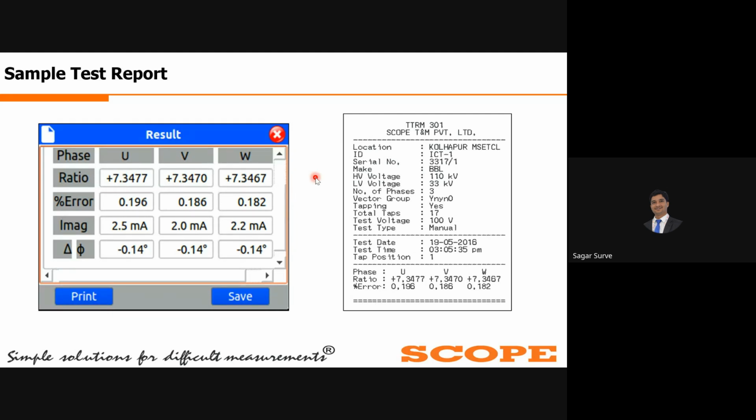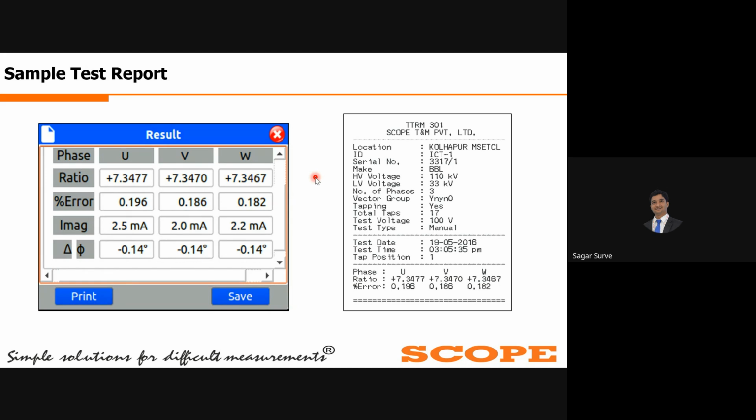Here on the screen, we can see how the test report actually appears. On the left-hand side we have the screenshot of our instrument display, and on the right-hand side we have the printed result, from the thermal paper printer we have given with the instrument itself. The printed result looks like this.